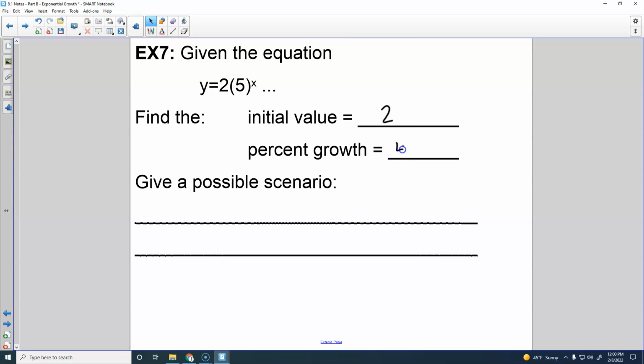It'd be 400. So it's the same process every time. You want to take your number, you're subtracting 1 from it, which is going to give you 4. But that is your decimal. You've got to move the decimal 2 places to get your percent.